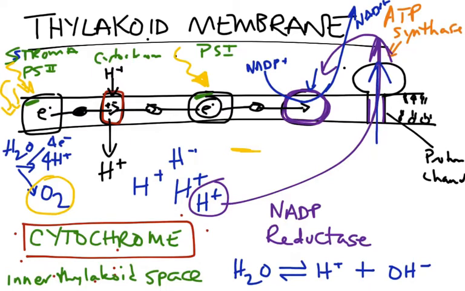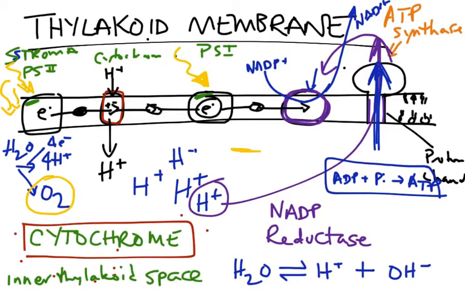With the protons coming through here, every time a proton goes through, it has enough energy to take the ADP and the inorganic phosphate and finish that reaction. It gives enough energy to make ATP. And so when the H pluses go through, as they flow by, they knock the ATP off the active site that's been created.